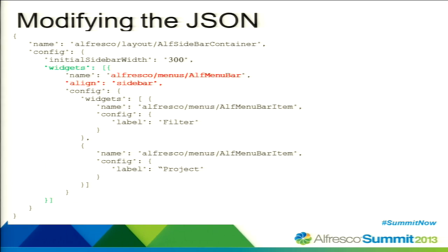So I've added in some additional JSON here. This is sort of based on the example that Dave had in some of his blogs earlier in the year. So this actually sets up a menu bar at the top. So remember, I was going to have the filter part of it. It sets up a menu bar, and it adds a couple of menu base tags to it, so then I can build a menu underneath each one of those if I want to.